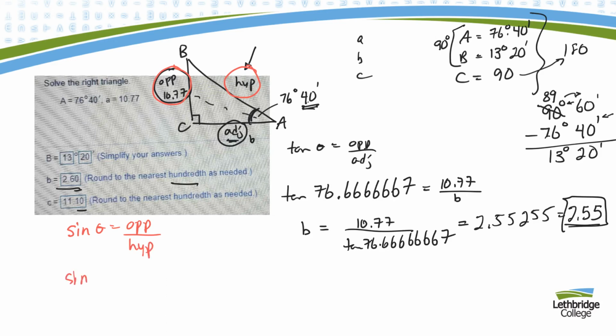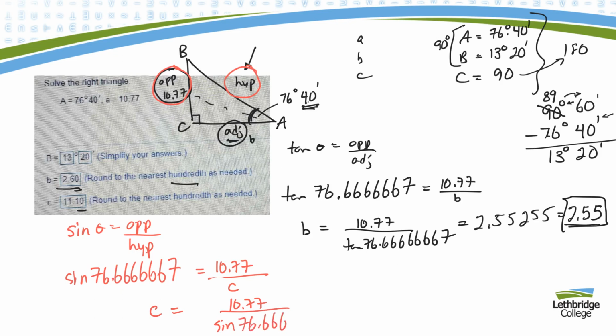So the sine of 76.666667 is equal to the opposite side, 10.77, divided by the hypotenuse. I can put the letter C in there for that. It's not wrong to put hypotenuse there. So 10.77 divided by the sine of 76.66666, a bunch of sixes and a 7.